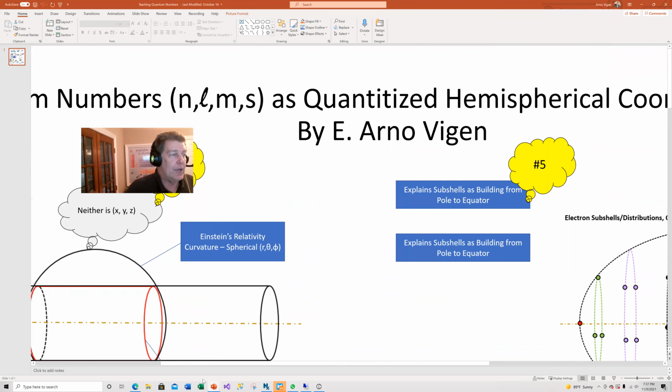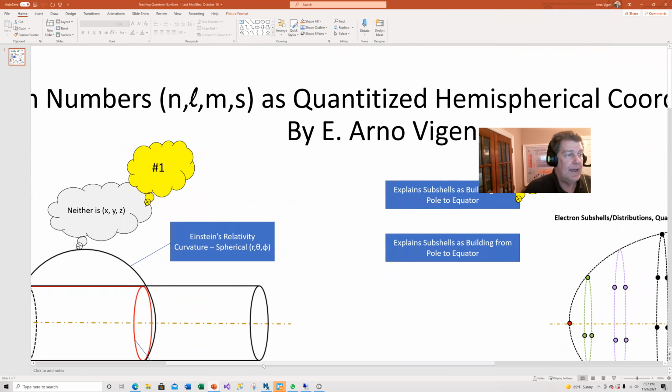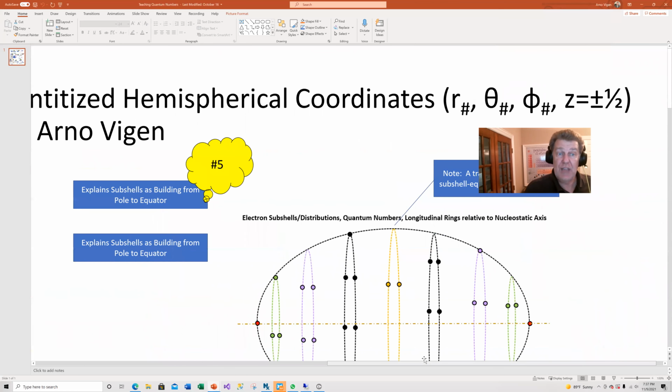But I can tell you that the same thing is better understood using quantized hemispherical coordinates, the same numbers exactly, but they are the radius number, the longitude or inclination. I use inclination because if you count from the equator, it's a latitude. If you count from the poles, it's an inclination. They're the same thing, it just depends on which direction you're counting.